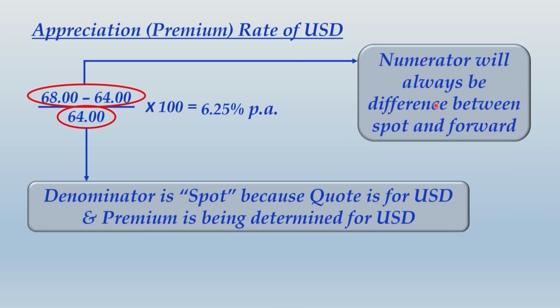Friends, numerator will always be difference between spot and forward irrespective of what calculation you are making. But denominator, you have to use your brains. You are computing premium rate of USD, look into the quote given, quote is given for USD, as a result you will take spot.